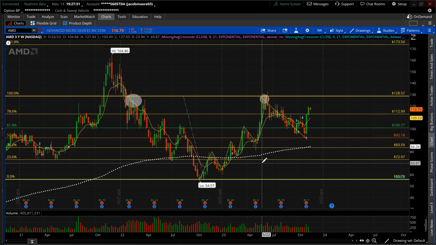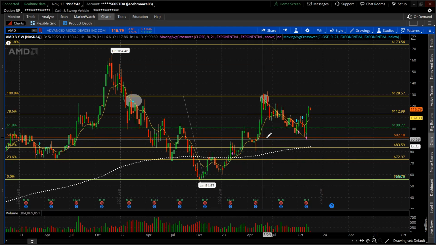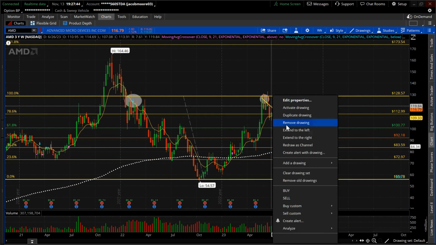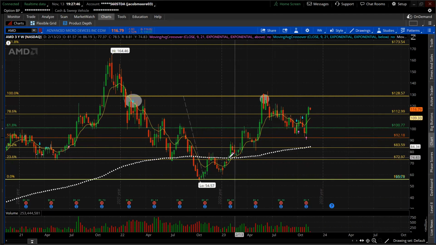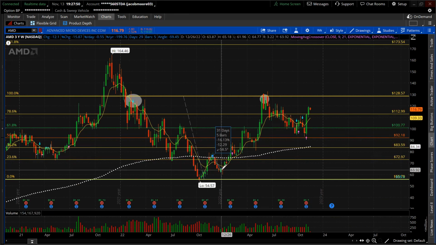That's just what it is. So when you come around from the cup and handle, that's the start of the Elliott wave? No, it doesn't have to be an Elliott wave to be a cup and handle. This just is. Oh, okay.